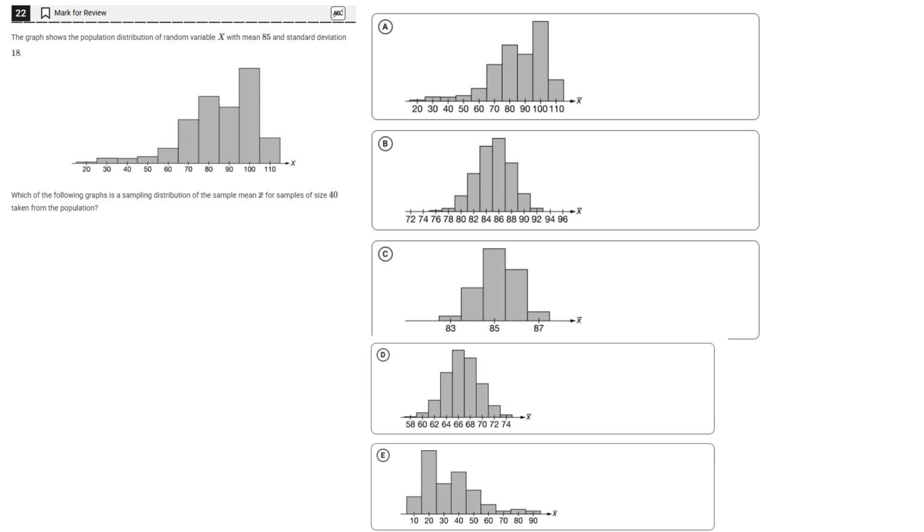Which of the following is a sampling distribution, the sample size X bar, sample size 40? The mean is 85. So sample size 40, we're talking about X bar. So if n is greater than or equal to 30, we're normal. So our skewed ones can go away.